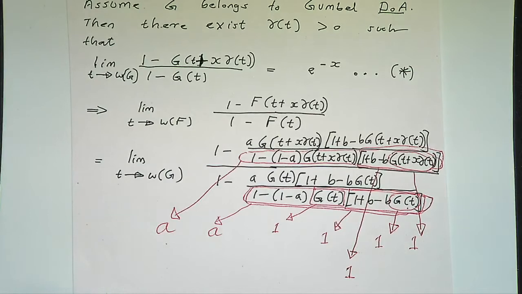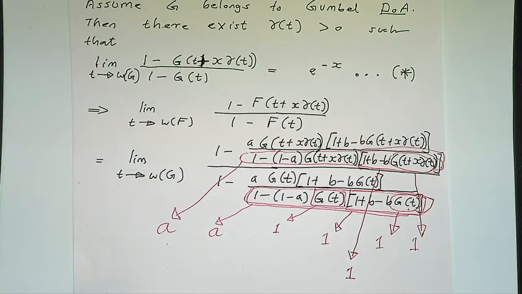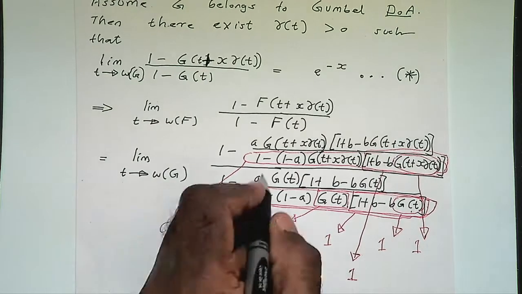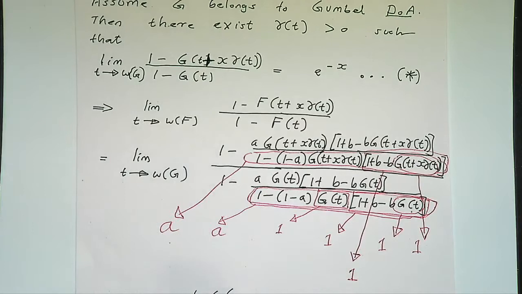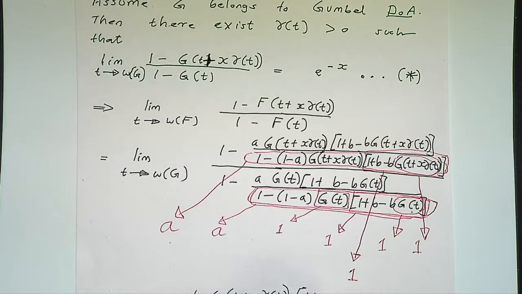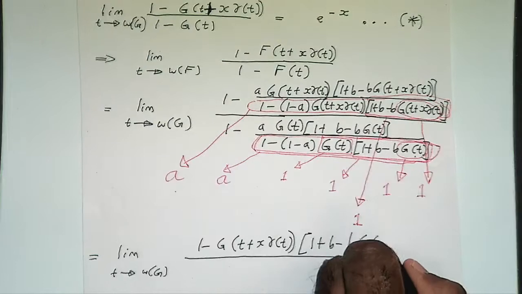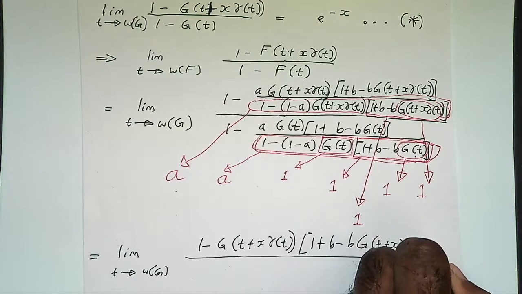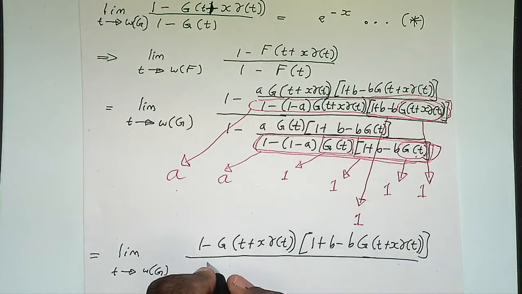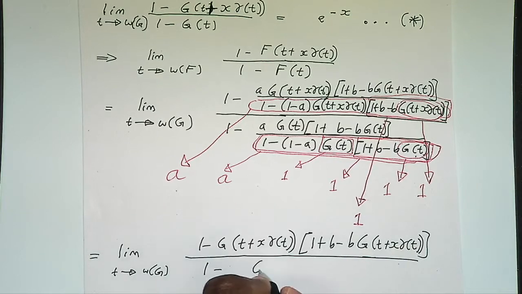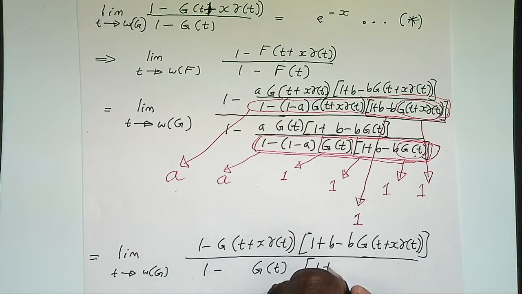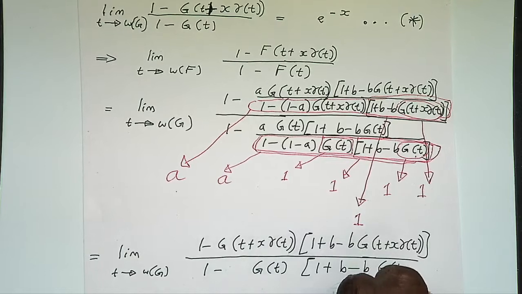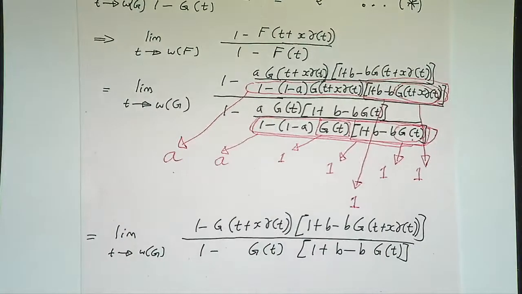So what you have is the limit as t goes to WG of, the a and the a cancel, so you have 1 minus g t plus x gamma t, then in brackets you have 1 plus b minus b g t plus x gamma t, and in the bottom you have 1 minus g t times 1 plus b minus b g t.